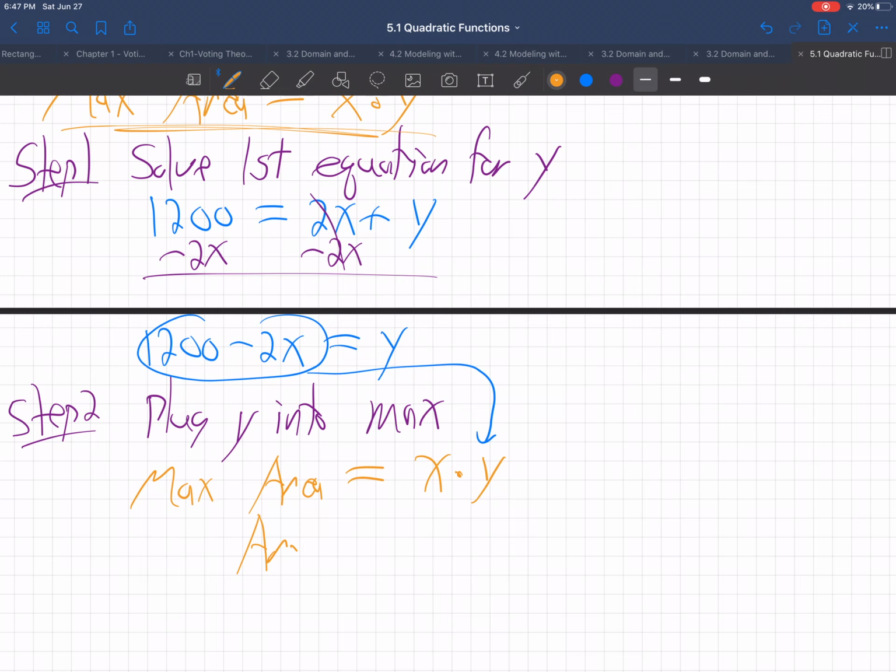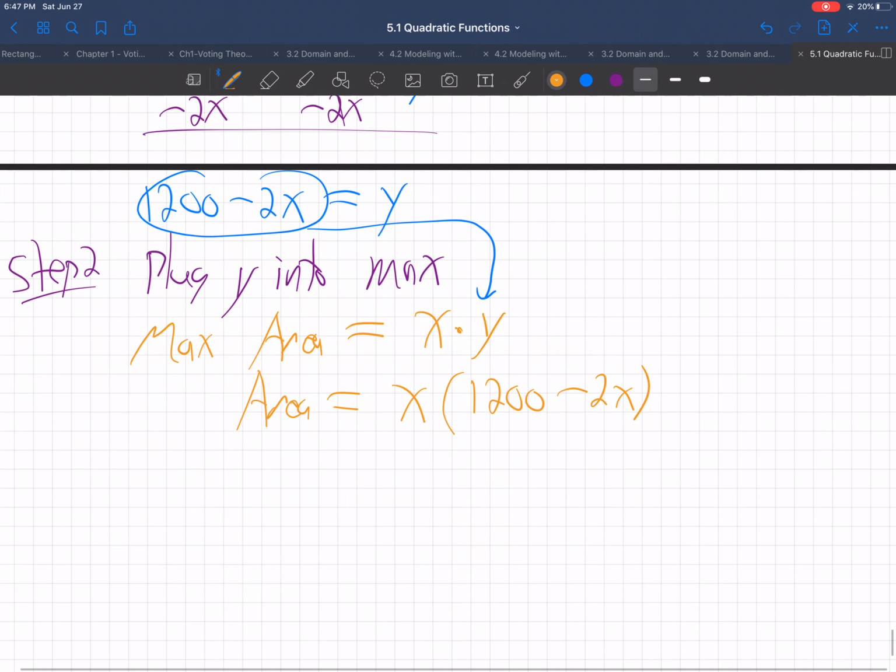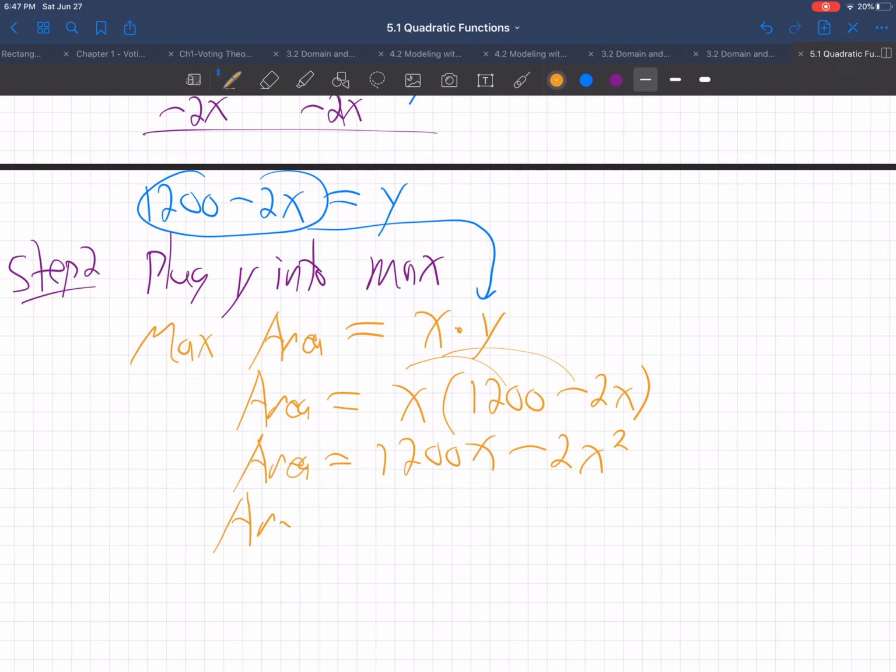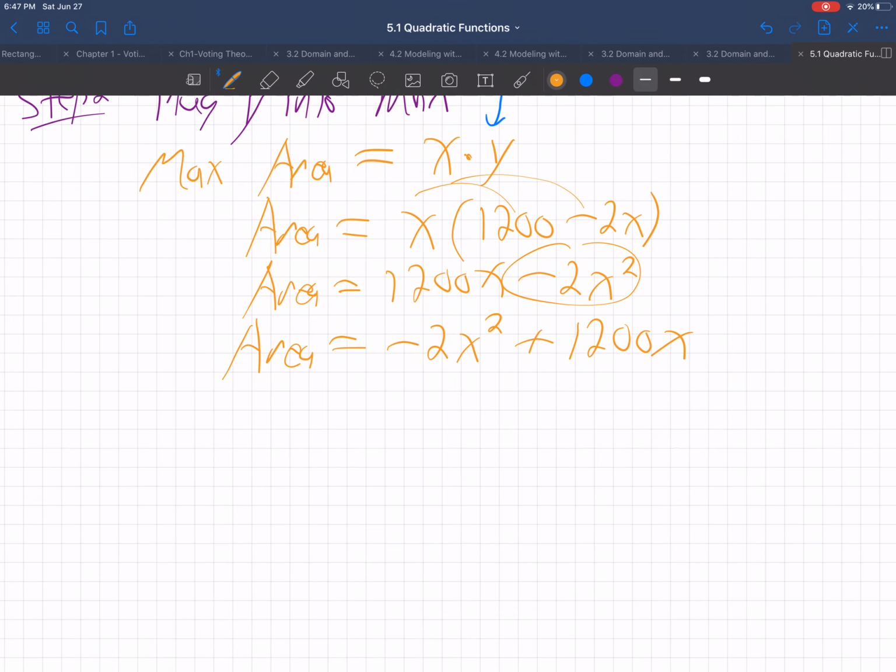So the area will be x times, and what's y? 1,200 minus 2x. Let's distribute that. 1,200x minus 2x squared. I like to rewrite it to put the x squared term in the front. You don't have to, but it might make things easier. So there we go. There's the area formula.